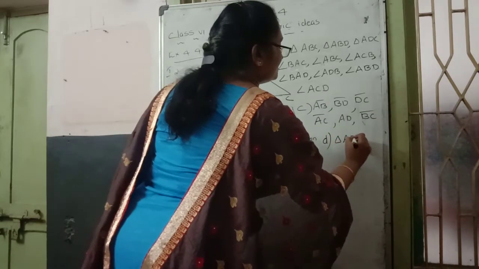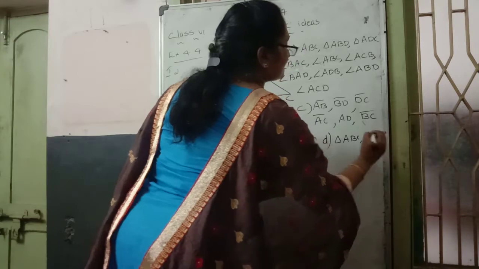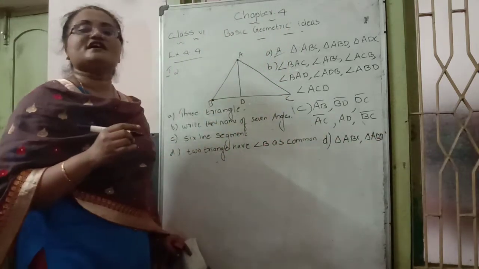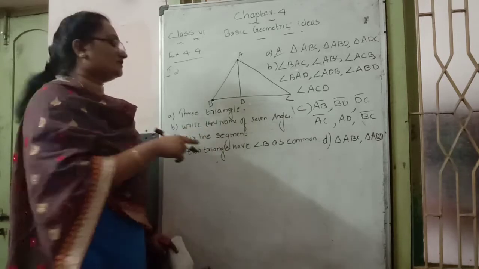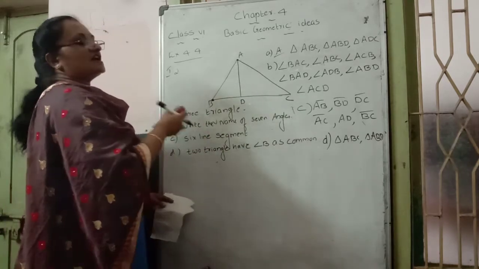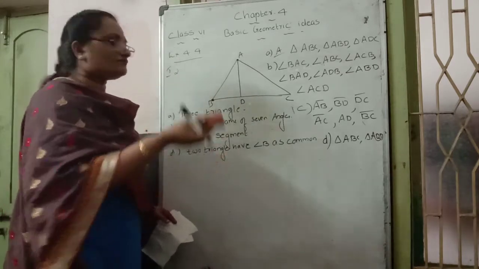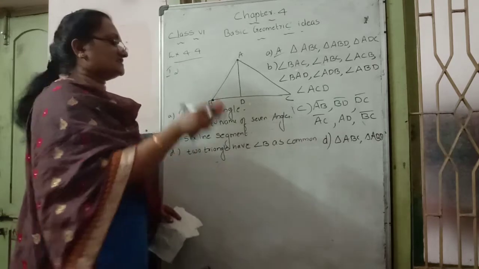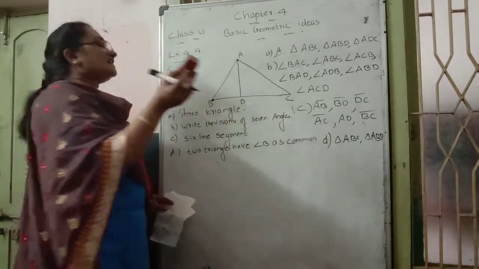Triangle ABC and triangle ABD. B is common for both of them. In that order, we can write the two triangle names. I hope you understand how to look at the diagram and identify and write line segment names, angle names, and triangle names.